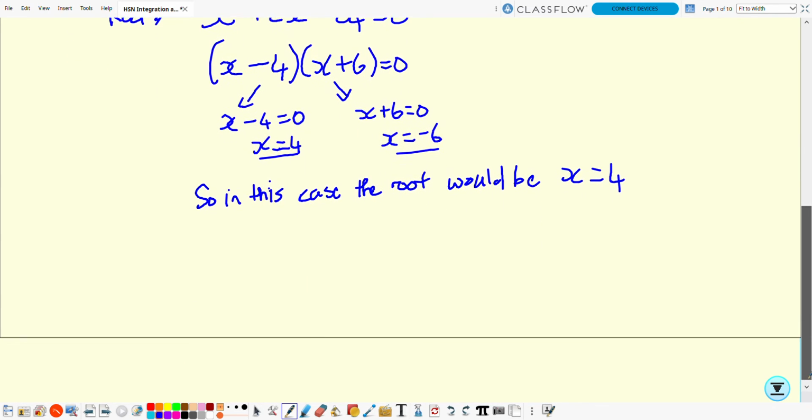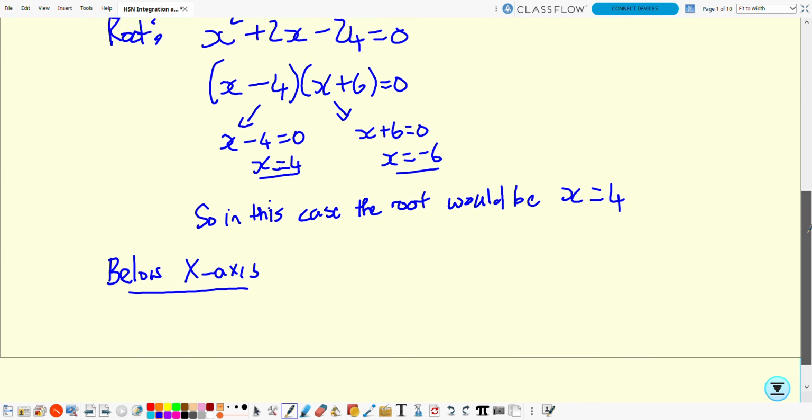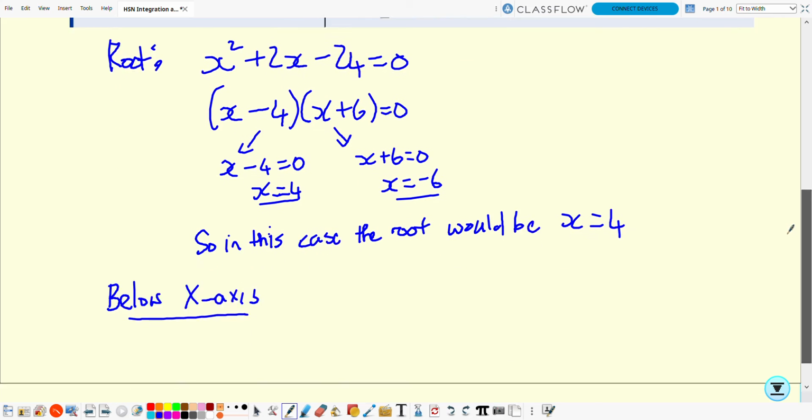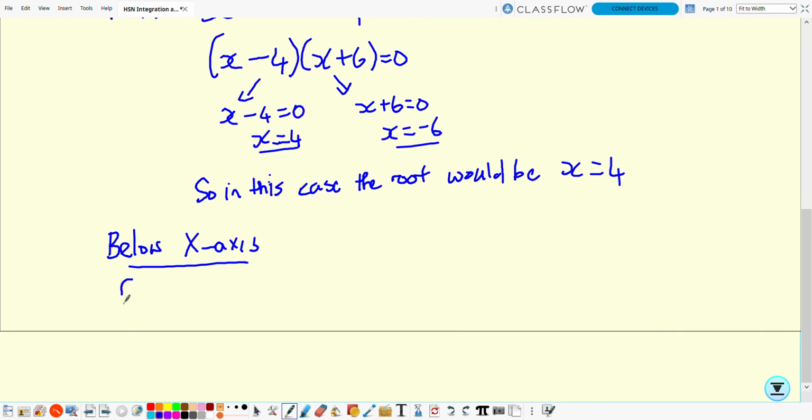So we've got the two parts to work out. We've got the below the x-axis part, and we've also got above. To work out the below the x-axis part, you're integrating, and remember this will have a negative value when you do this.